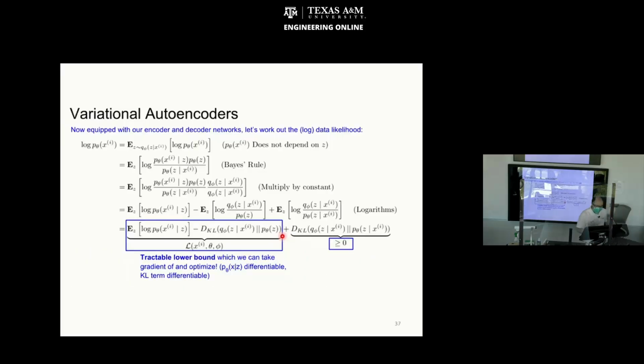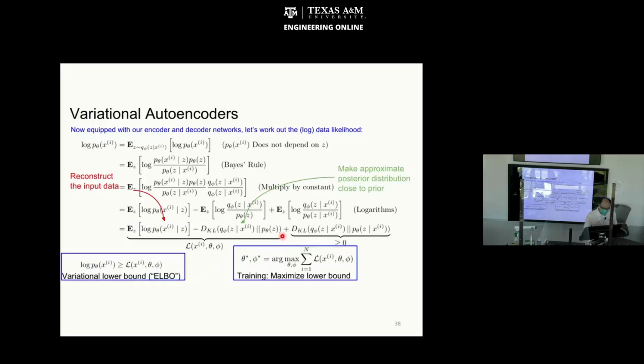And that is very tractable. This is also called ELBO, a variational lower bound. So instead of maximizing the log likelihood, we can maximize the lower bound instead. Then we can get the optimal parameters for the encoder and the decoder.